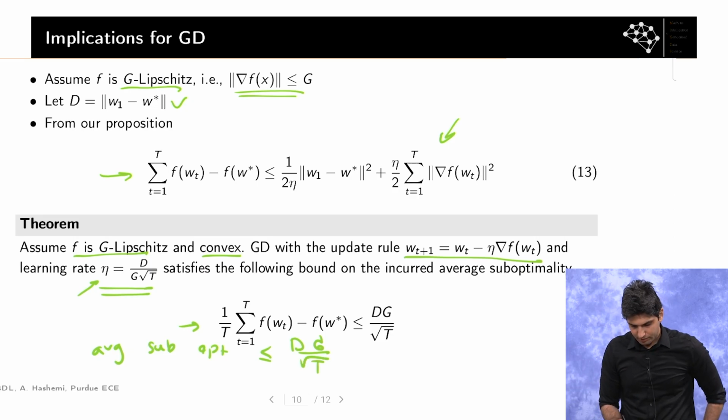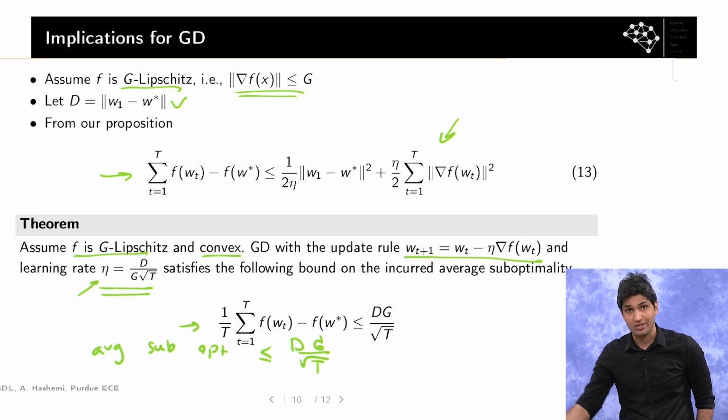So let's see what the bound says. It says that on average, you're going to find the optimal solution as you increase the total number of iterations, capital T. Okay, so as I run my algorithm more and more, I'm going to get closer and closer to the optimal solution. I'm going to reduce the suboptimality of my solutions.